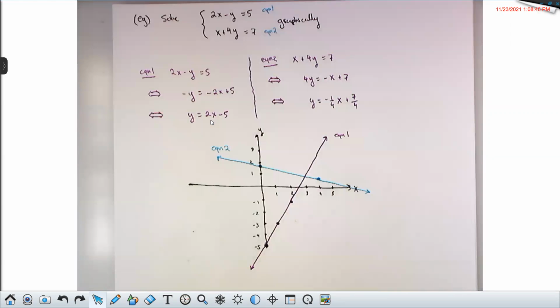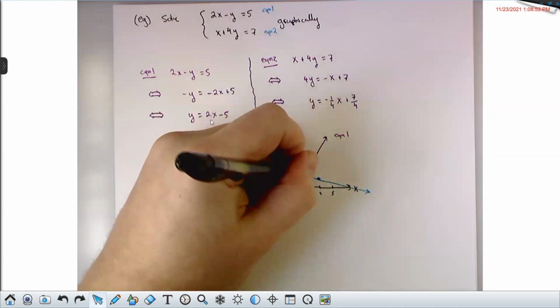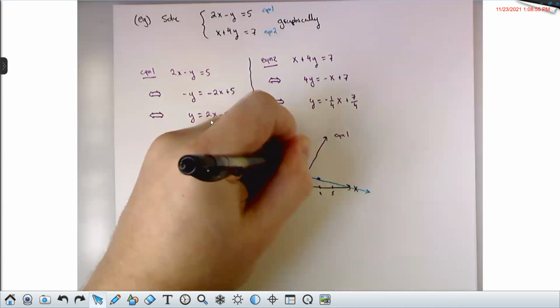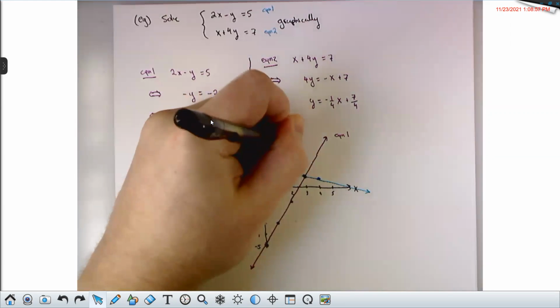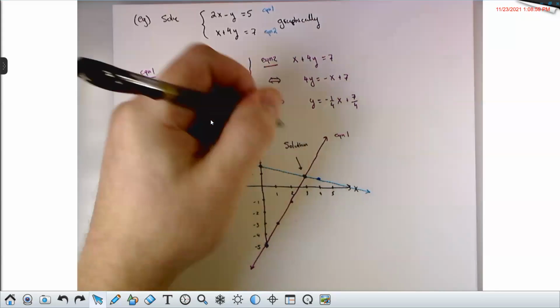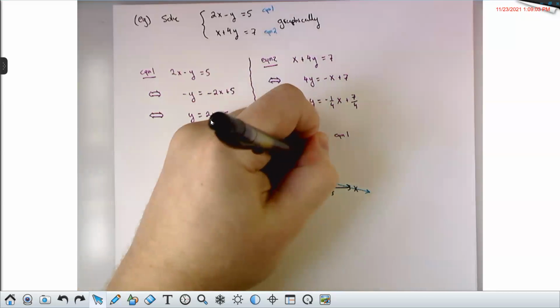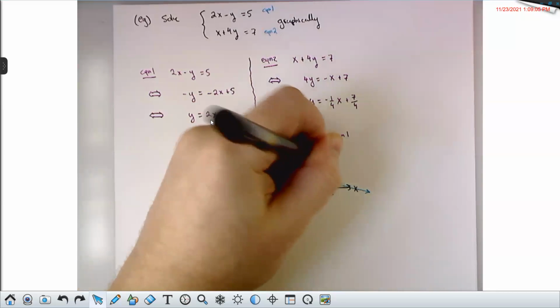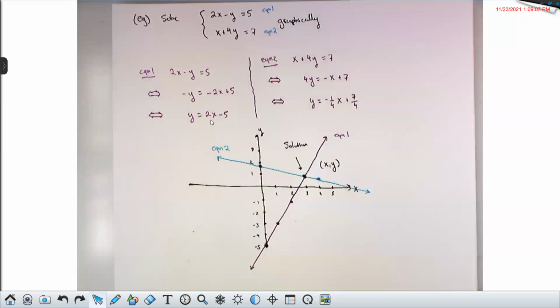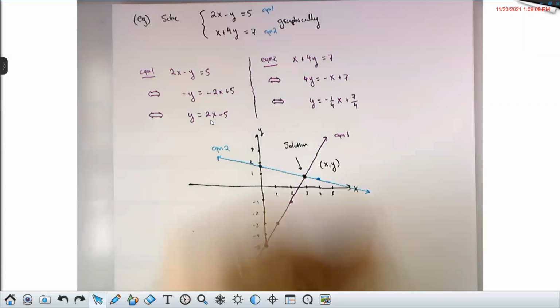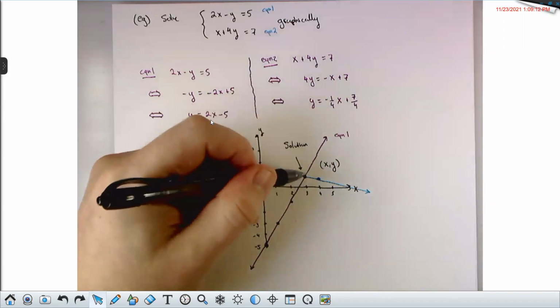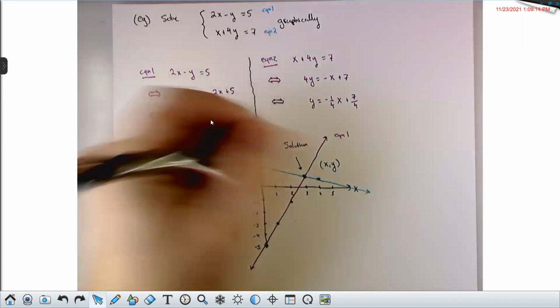And our solution is the point where these two lines touch. So this is the solution. It looks like that solution, which again is a point, an ordered pair, has an x value really close to 3 and a y value really close to 1.